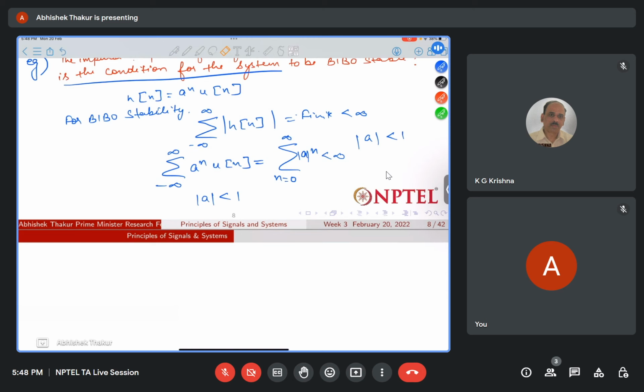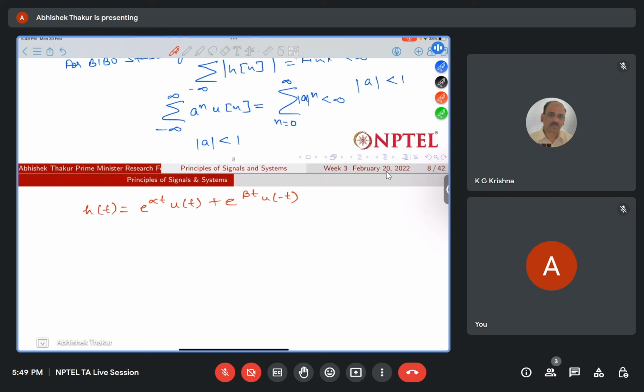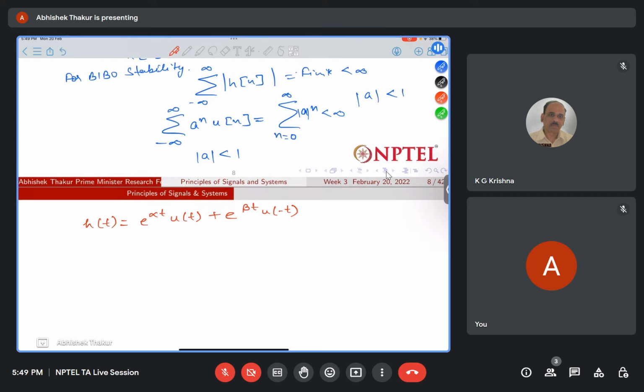Now let's suppose in this question only, if h(t) is given as e to the power alpha t into u(t) plus e to the power beta t into u of minus t, and it is asking for what values of alpha and beta, the condition of alpha and beta, this is bounded input, bounded output stable.